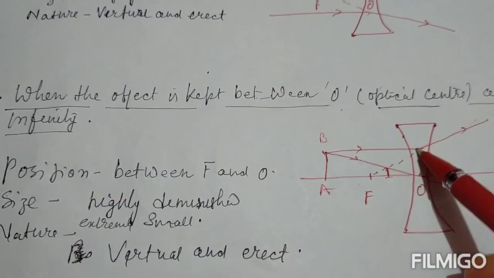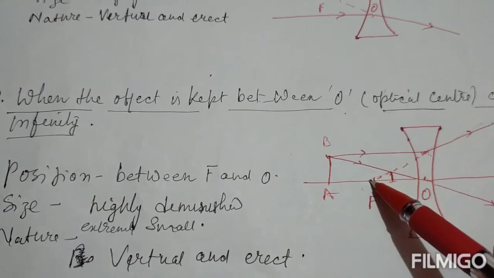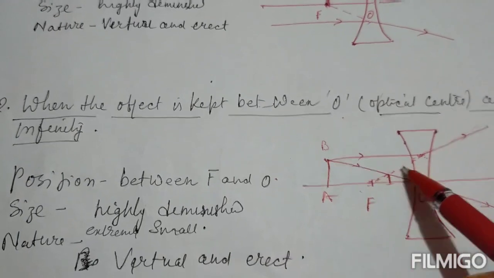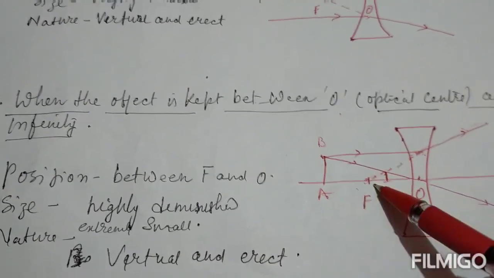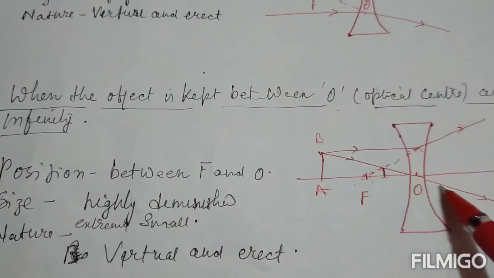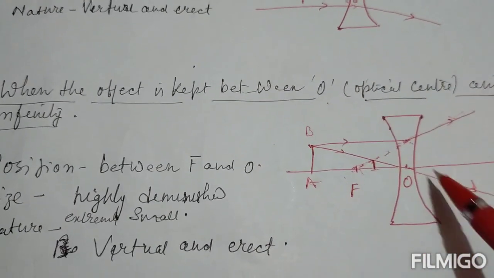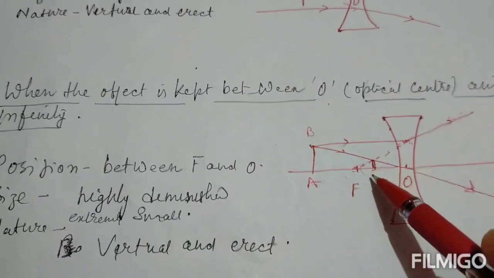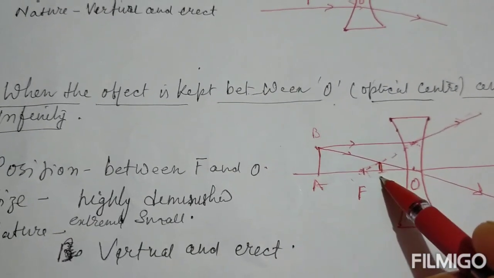But when we produce this line backward, these lines appear to be coming from focus. The second ray, which is passing through the optical center, passes undeviatedly, and both rays intersect at a point. This intersecting point is the image formation.